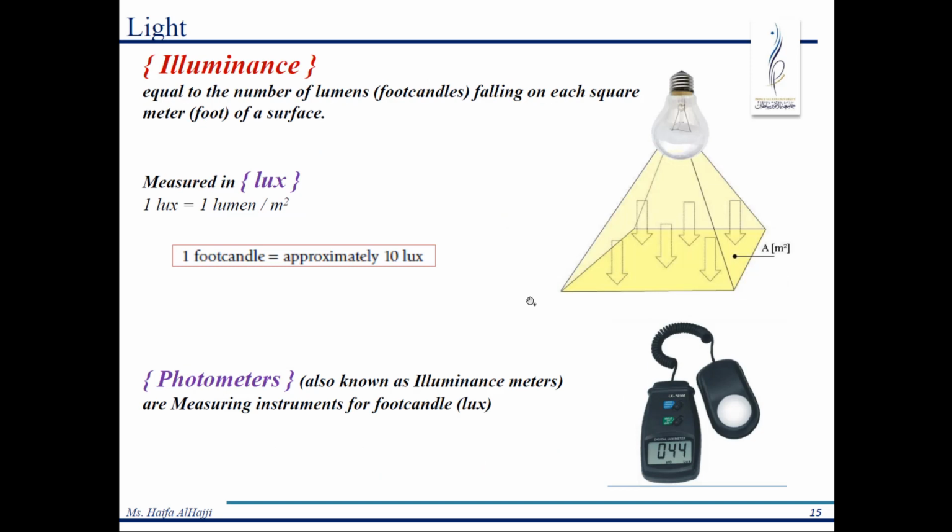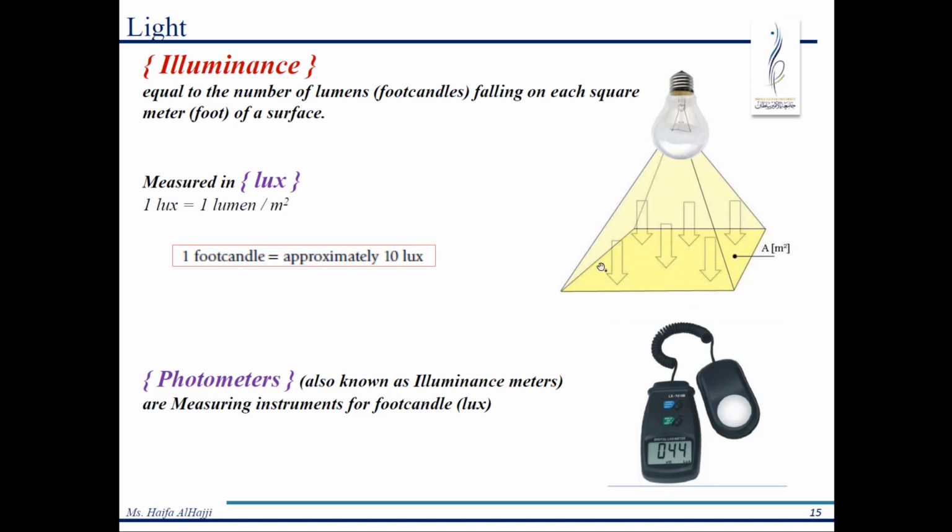Now let's talk about another important term in lighting, something called illuminance. As I previously described, it's the amount of light falling on a surface. As we can see, its definition is the number of lumens falling on each square meter of a surface. Definitely we can measure it by the area that the light is falling on.